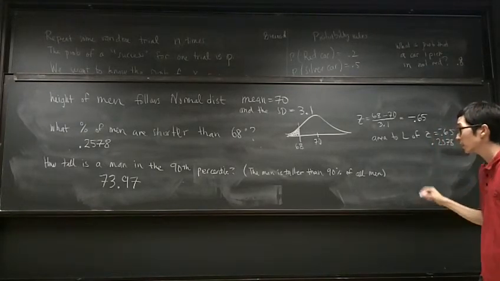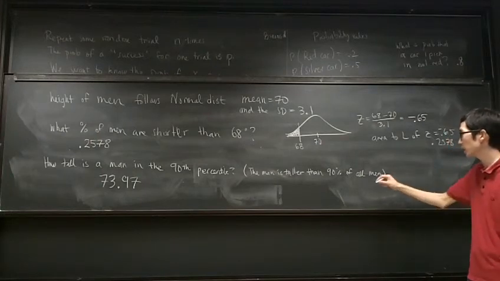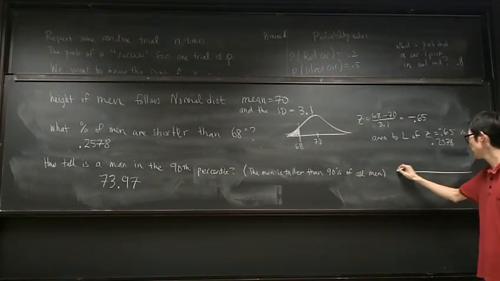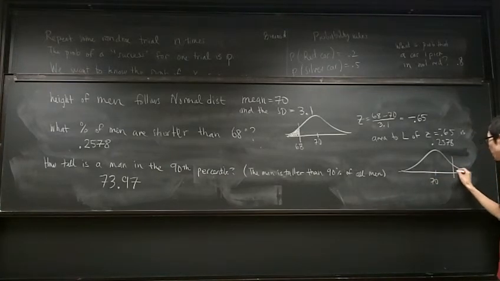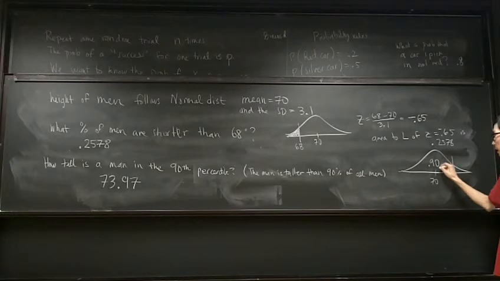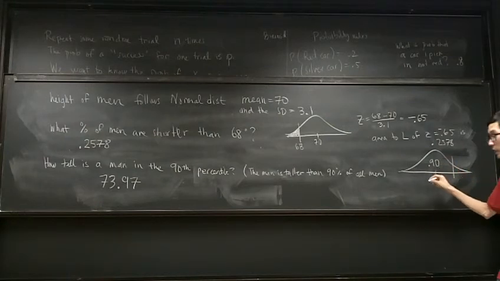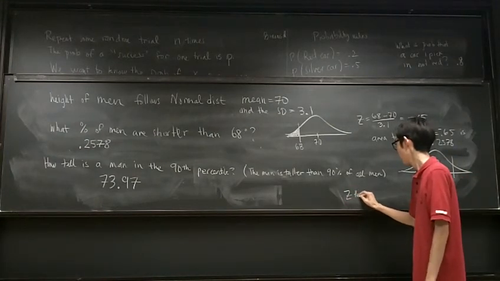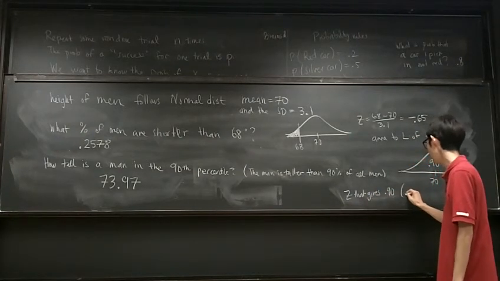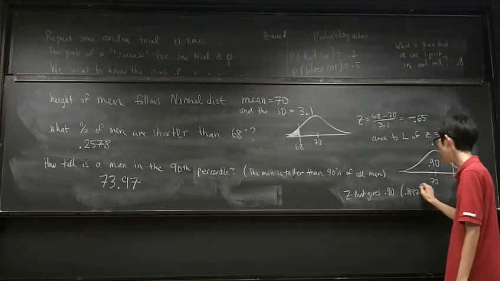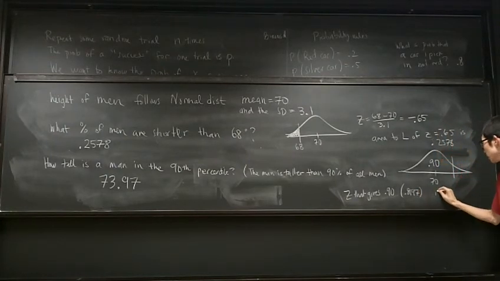Here's our answer. How tall is a man in the 90th percentile, meaning the man is taller than 90% of all men? Here is 70, and now I'm drawing a line where I get 0.90 to the left, 90% to the left, 10% taller. The z that gives 0.90, actually 0.8997, which is the closest number to 0.90, is z equals 1.28.